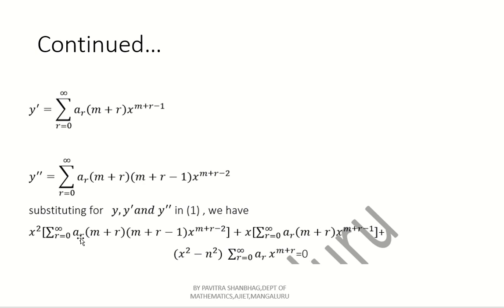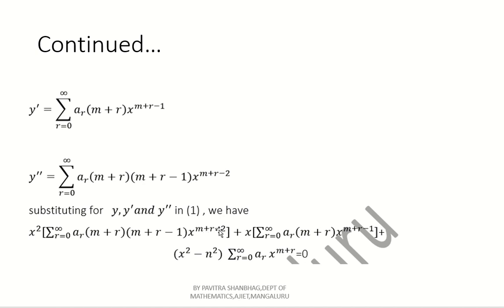After that, here we have to simplify. How to simplify? Just take x² inside the summation sign. If you take x² inside the summation sign, you get x^2, and here x^(-2) is there, so it will vanish. What remains? Summation r from 0 to infinity a_r (m+r)(m+r-1) x^(m+r-2+2).